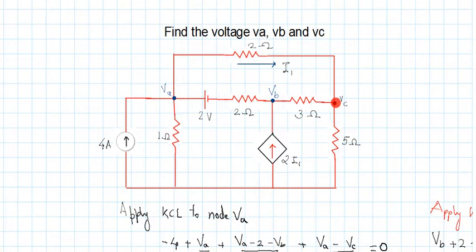So there are a total of 4 branches. What is important is to first identify all the possible branches at that particular node, right? So this is the first branch, this is the second, this is the third, and this is the fourth branch, right? Now we will start to apply the KCL at node A.